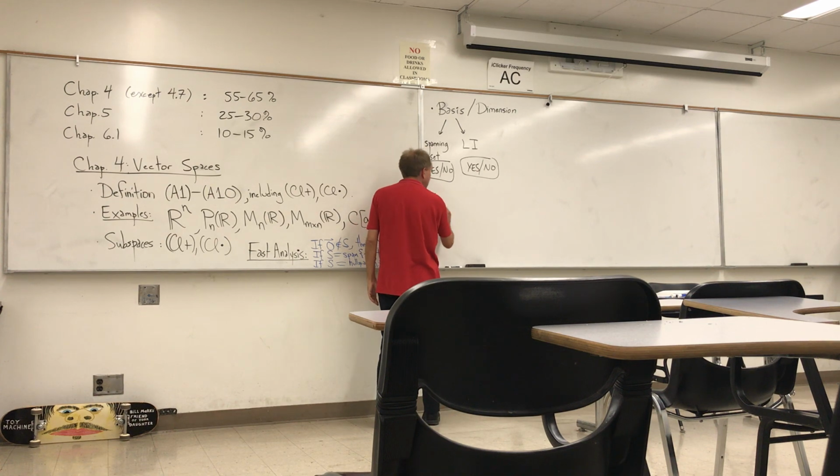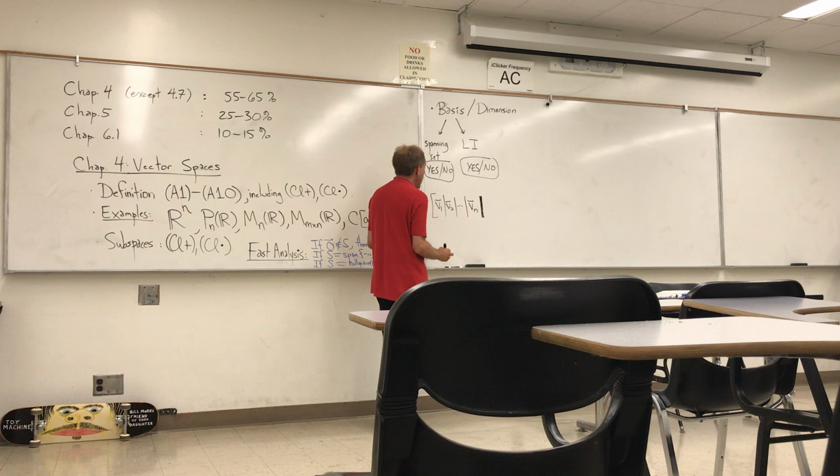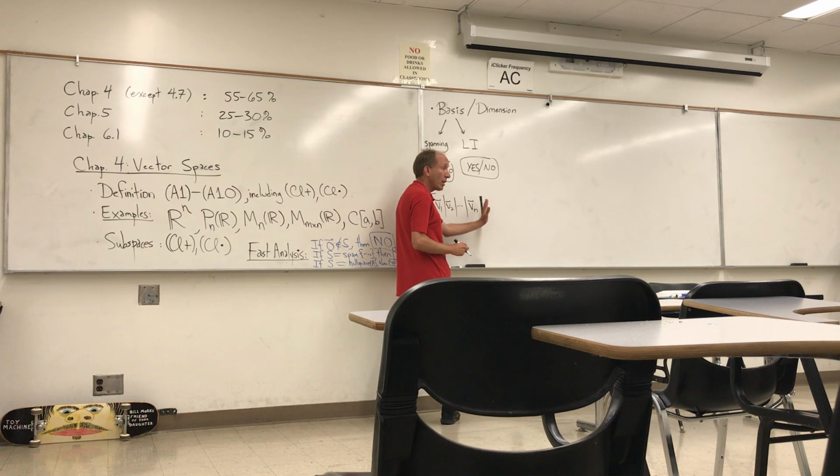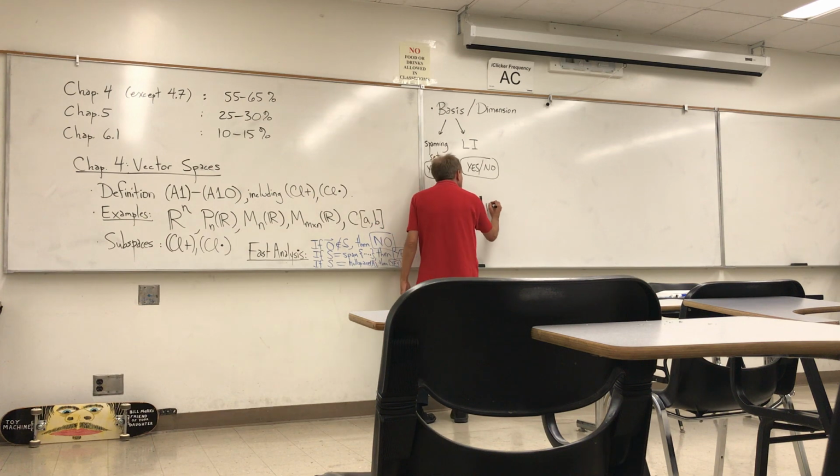is by making a matrix. We lay our vectors out into the columns of a matrix, right? So you have a set that is proposed as a possible spanning set and a possible linearly independent set, and you lay them out in the columns, always the columns, and you augment that matrix with either numbers or with zeros.